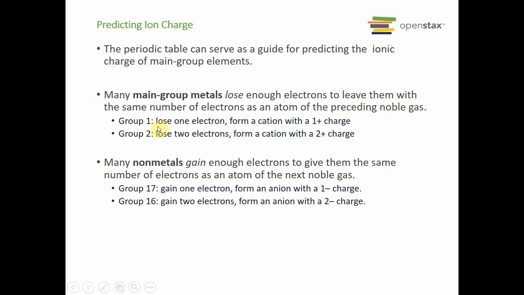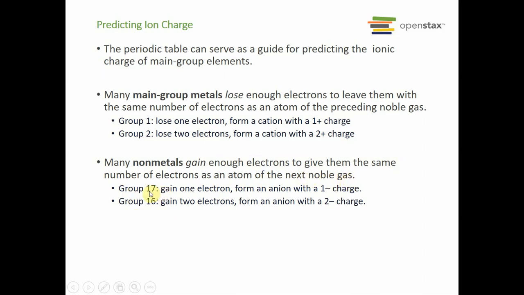So group 1, that's sodium, lithium, potassium, cesium, they lose one electron to form a cation with a +1 charge. Group 2 loses 2 electrons to form a cation with a 2+ charge. Many nonmetals gain enough electrons to give them the same number of electrons as an atom of the next noble gas.